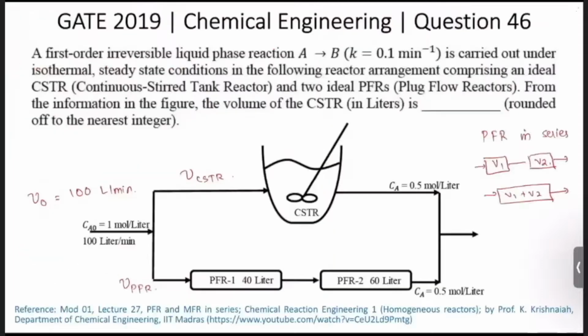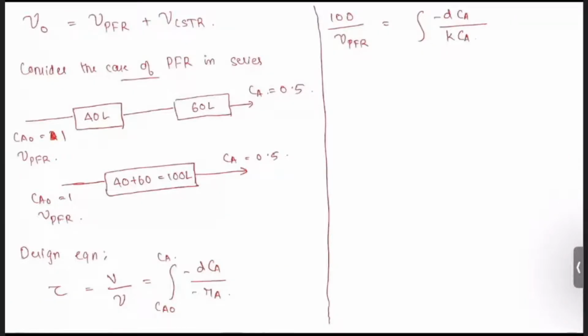The reaction here is A gives B, and the reaction rate minus RA will be k CA in both the cases. So we'll write that here, k CA, from CA0, that is 1, to CA, that is 0.5. And k is given as 0.1 minute inverse.